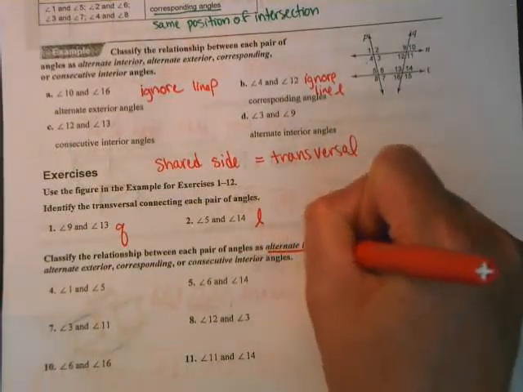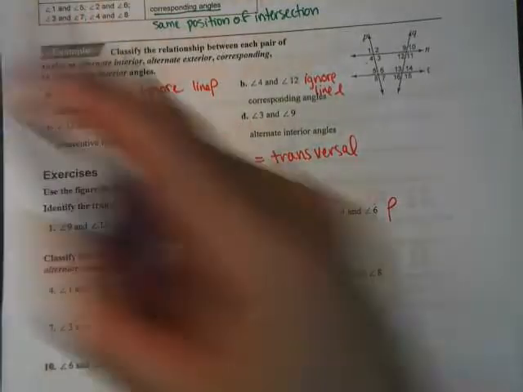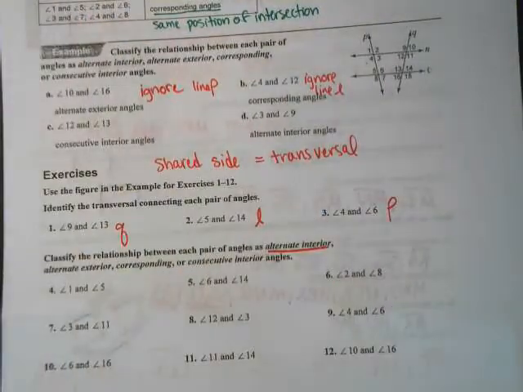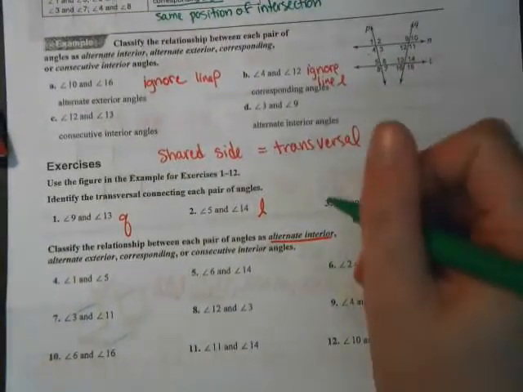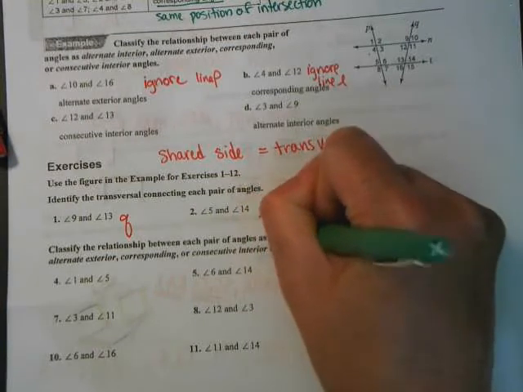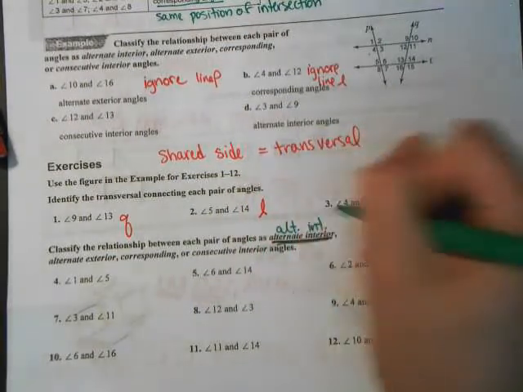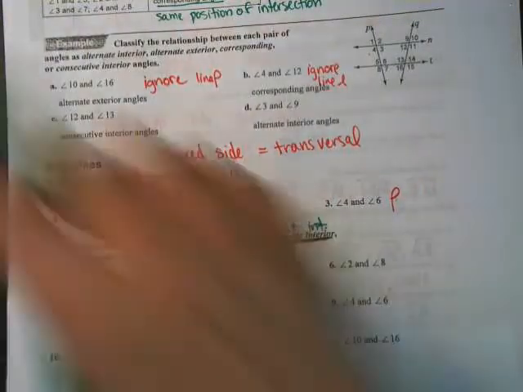Okay, so let's first find alternate interior. So alternate interior we'll do green. Alt-int is fine for abbreviating, because again, we're going to eventually be using these in proofs, so abbreviate away, okay?